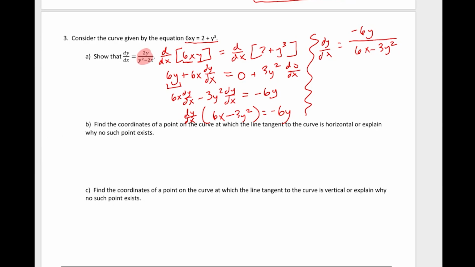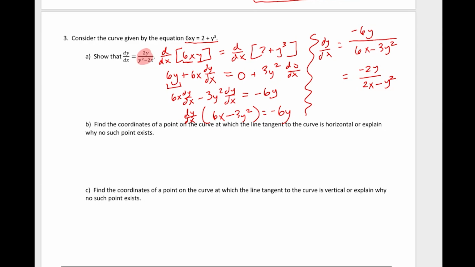And you might look at this and think, well, that doesn't really look the same. But if you look a little closer, you can see that there is a common factor that we can divide both the numerator and the denominator by to simplify this fraction a little bit. And that is 3. We could divide both of these by 3. So this would equal negative 2y over 2x minus y squared, and it's very close to what we have over there.